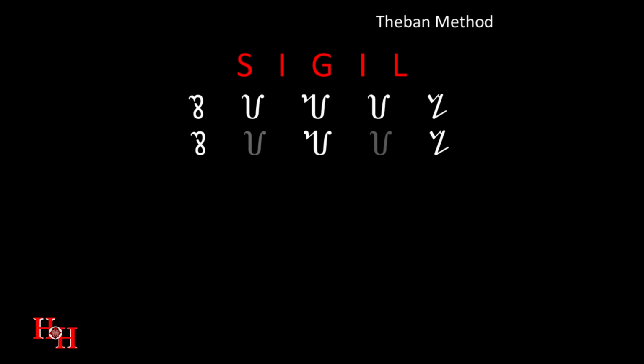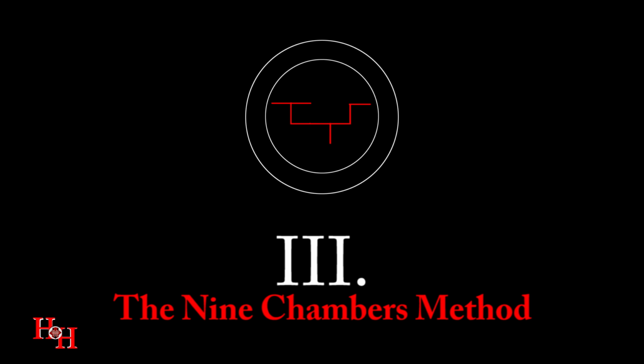We're going to use the S, the G, and the L. And then we put them on a circular pattern so that the three characters are touching bottom to bottom, and this makes a circular pattern.